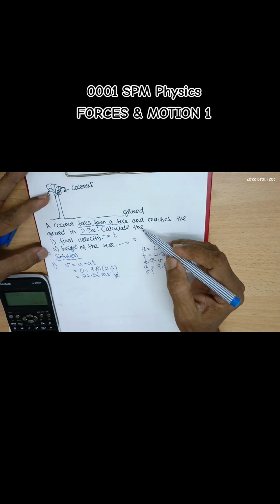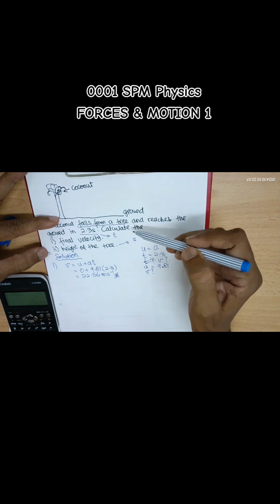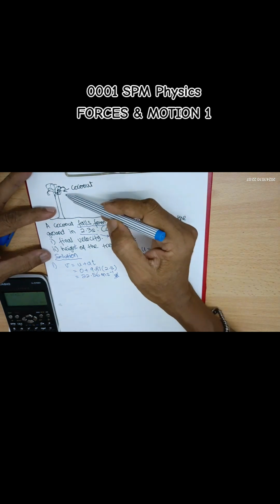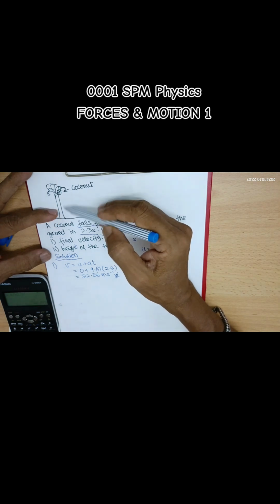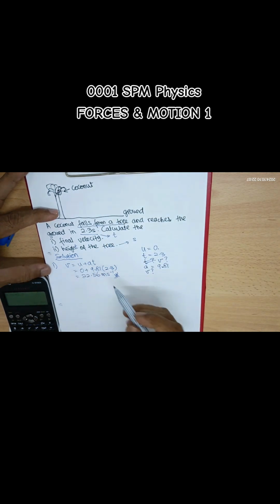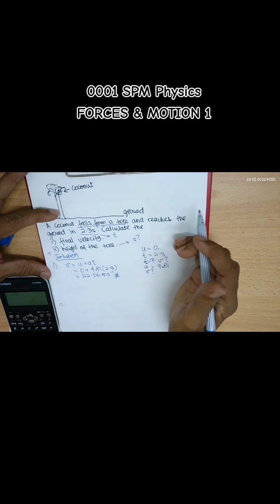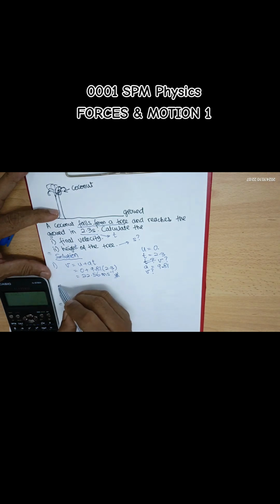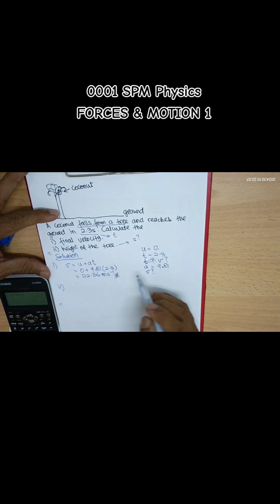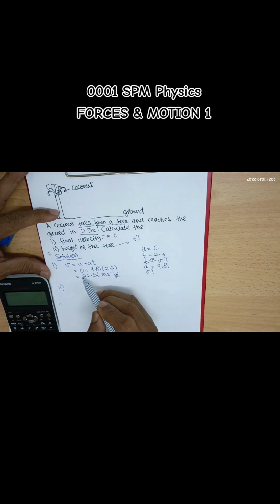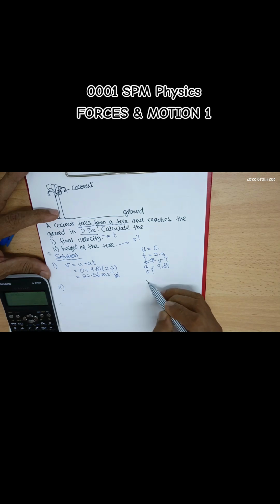In this case, the displacement of the coconut and the distance are the same because it's just going one way. There is no return trip. So for the height of the tree, we want to find the s. You can either use the same answer and use the formula v squared equals u squared plus 2as.